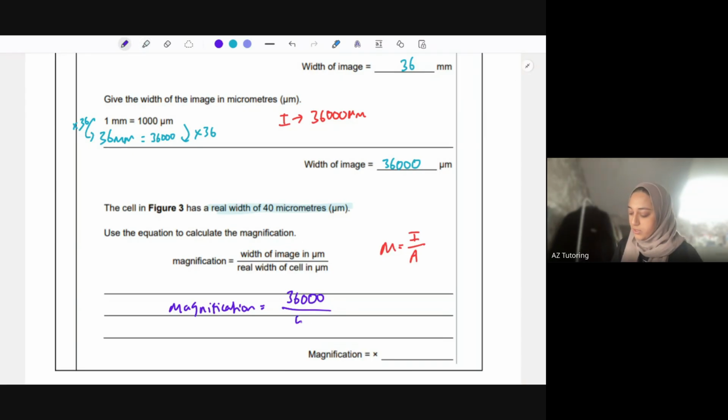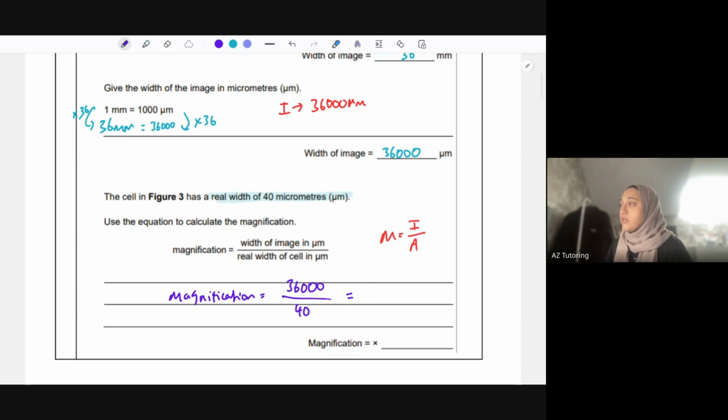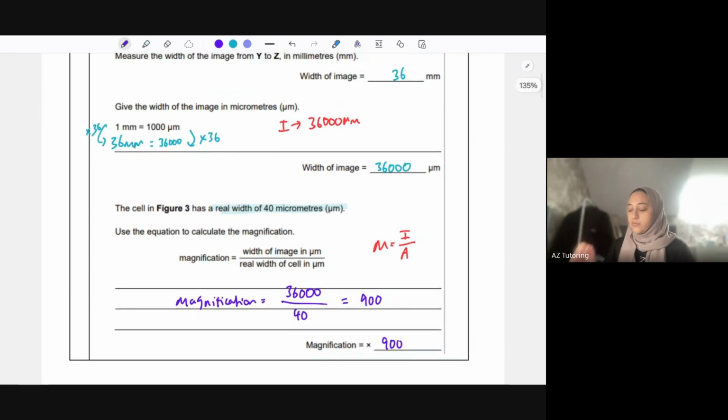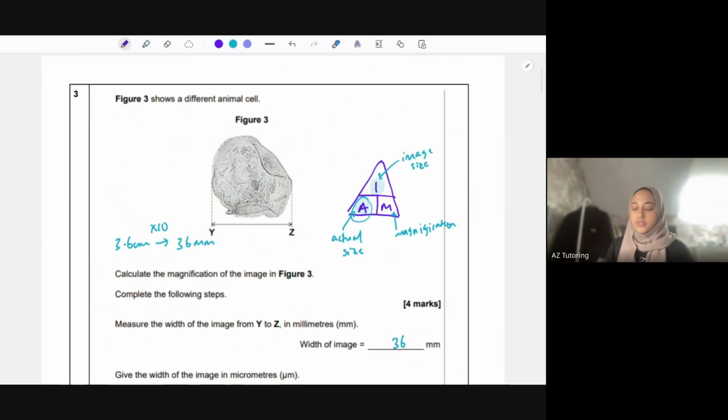So that's what we're dividing by. So divided by 40, in the calculator, you end up getting 900. So this animal cell has been zoomed in 900 times in order to get this image, essentially.